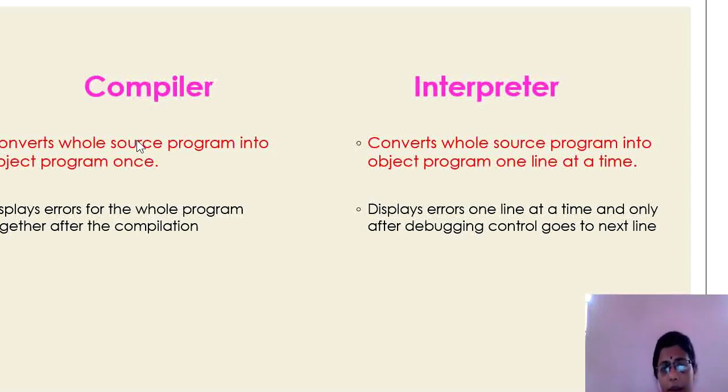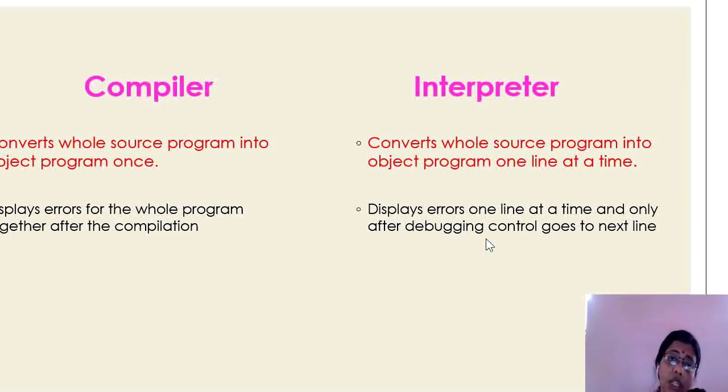Now, a compiler displays the errors for the whole program together after completion. As I said, if 10 lines are there, it checks all the 10 lines, and wherever errors are there, they will be displayed. But here, the interpreter displays errors one line at a time and only after debugging. Yeah, new word. What is debugging? What do you mean by bugs? Not those insects. Bugs in our software term means errors.